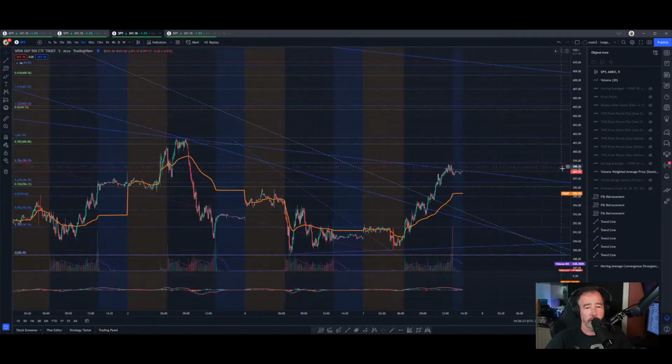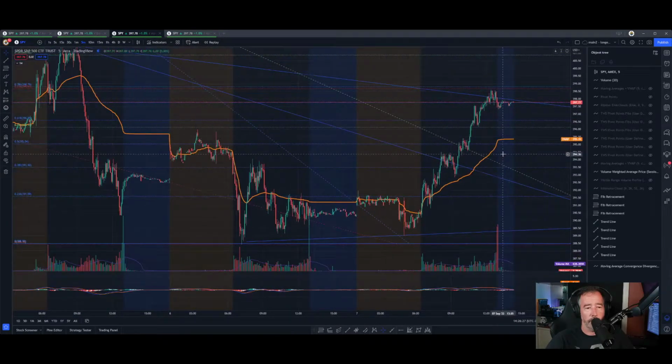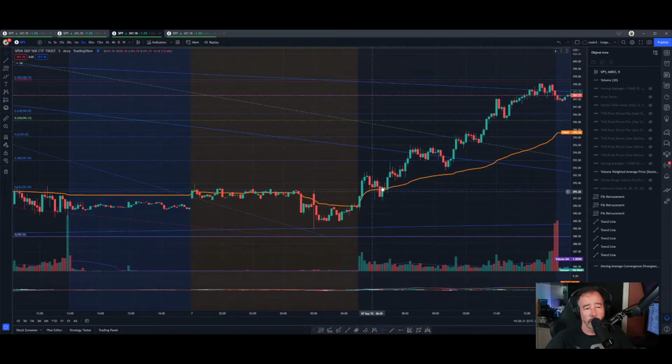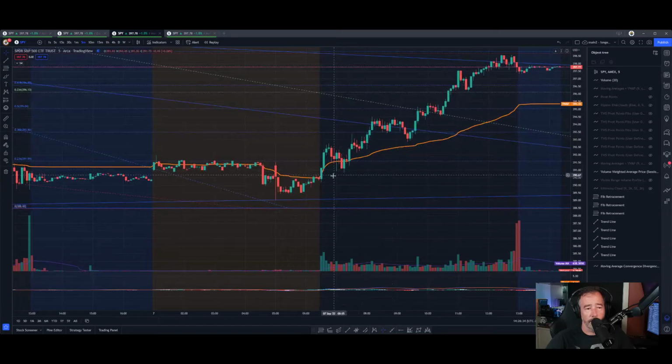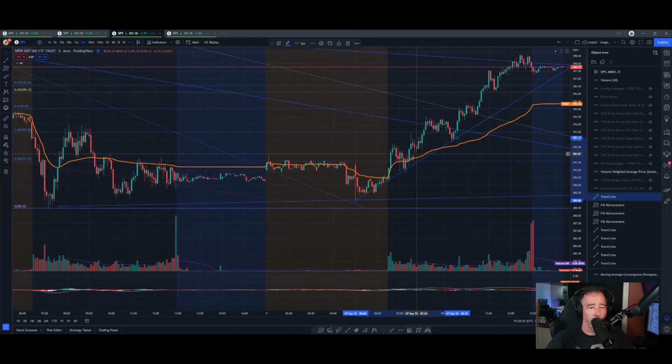So let's look at this. Yesterday we also talked about popping through trend lines, how you need that volume to pop through trend lines. That also goes for VWAP, which is volume weighted average price. So we're going to draw a trend line here as well that we followed today. This trend line, we never really broke below it.